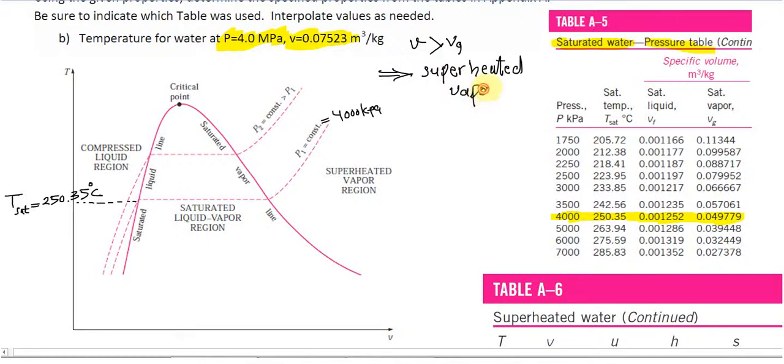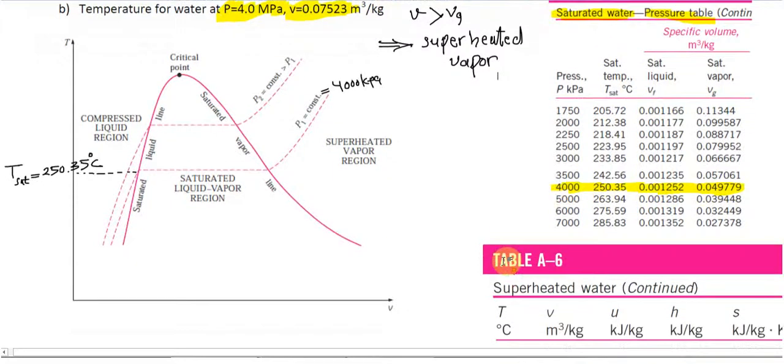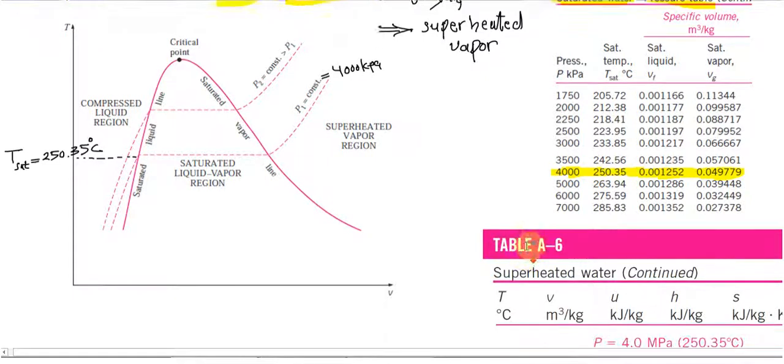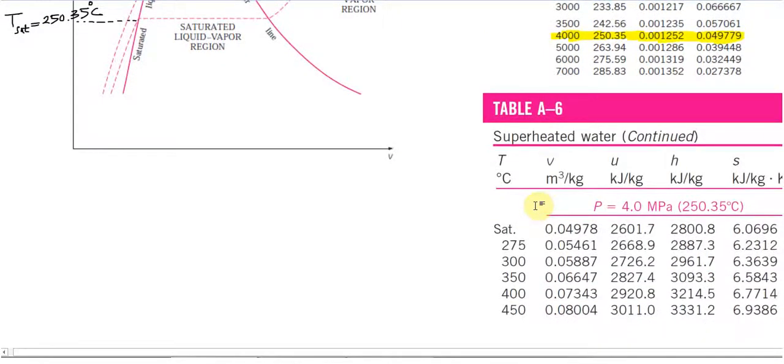And since this is superheated vapor, I cannot use this table A5, the table that belongs to saturated water, anymore. This is just to determine where this is located, what the state is. After that, in order to find the temperature or any other properties that we will study in future, I need to use the table of superheated water.